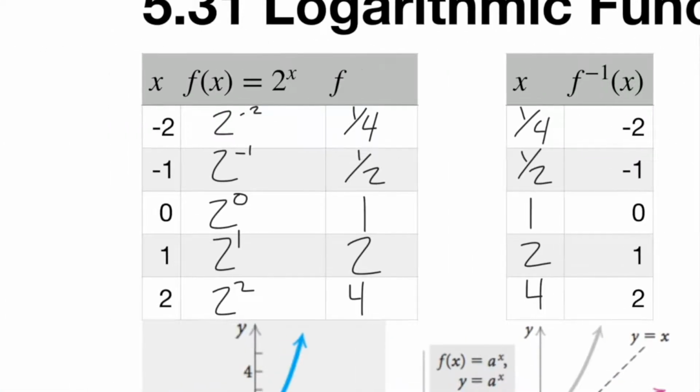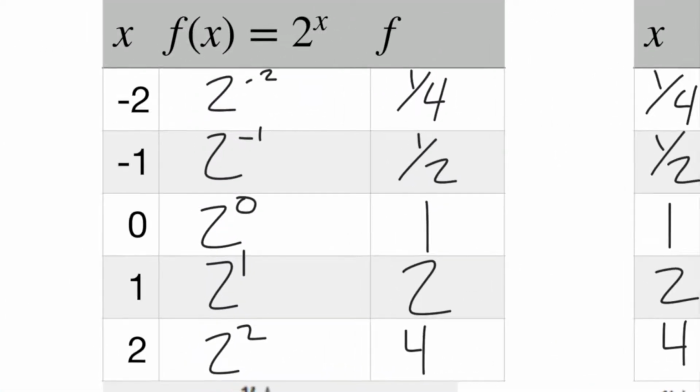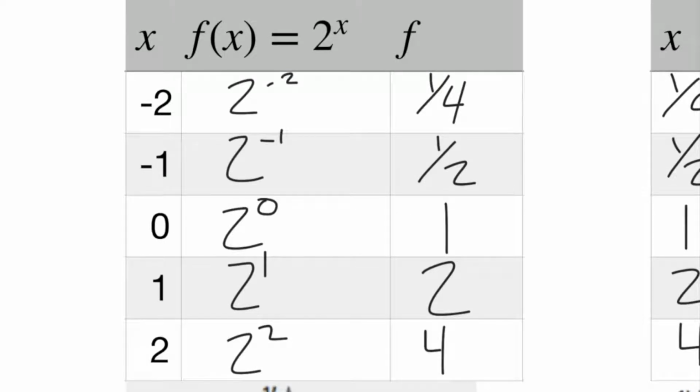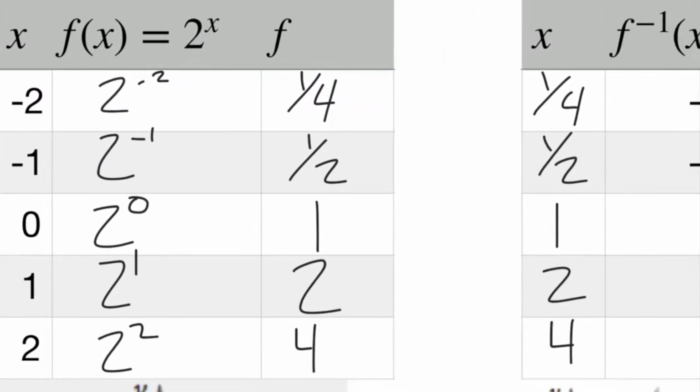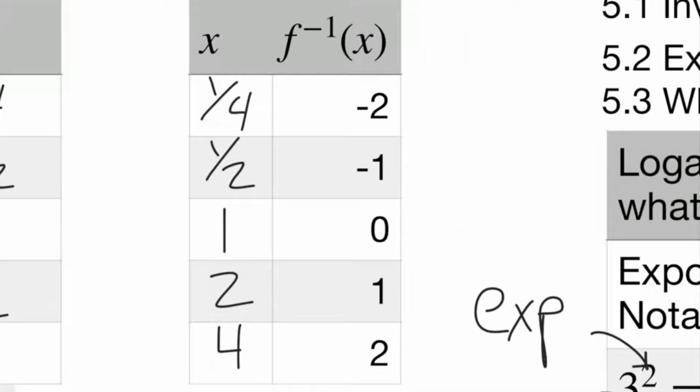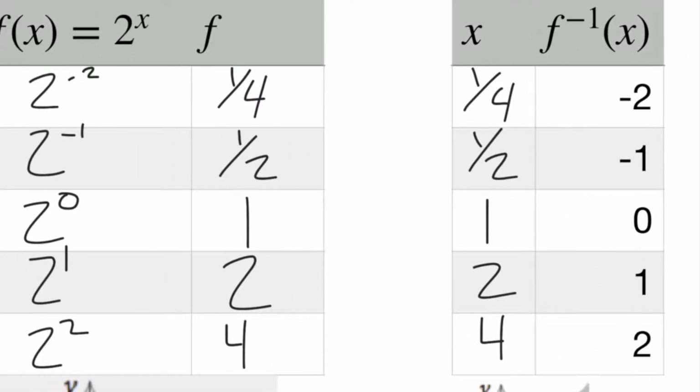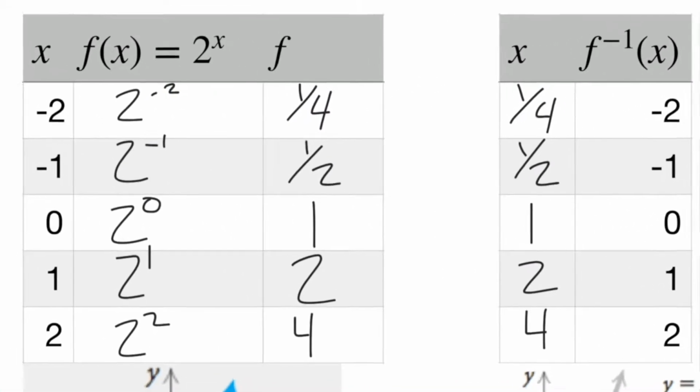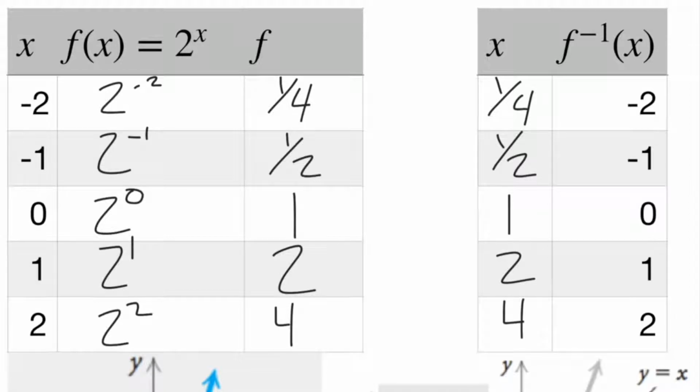Well, I'm so glad you asked. Here's a graph of an exponential function, f of x equals 2 to the x. We've seen this before. Just want to remind you what it looked like. And then here's the graph of the inverse. Notice, all I really did was switch the inputs and the outputs. So we had negative 2, negative 1, 0, 1, 2.